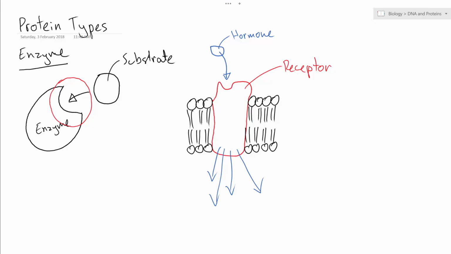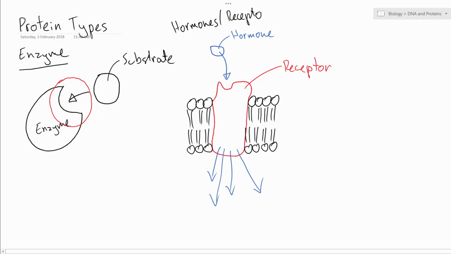So I'll label those there as well. So we've got, we'll call this hormones and receptors. They kind of work together. Hormones aren't always proteins. There are different types of hormones, but hormones can be proteins. The third type of protein I want to touch upon is antibodies.